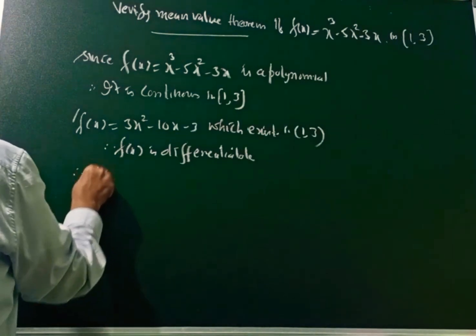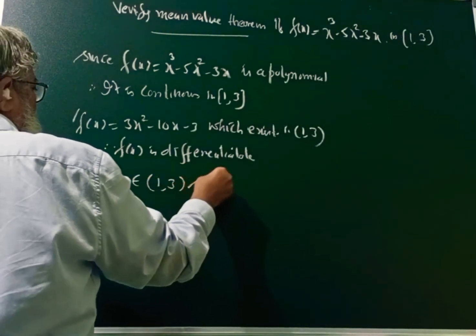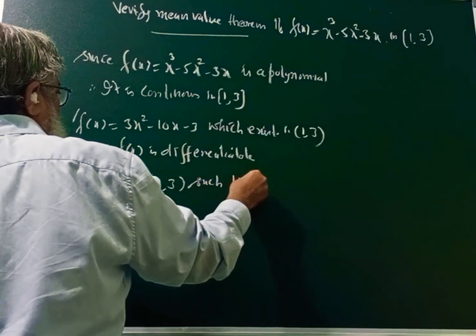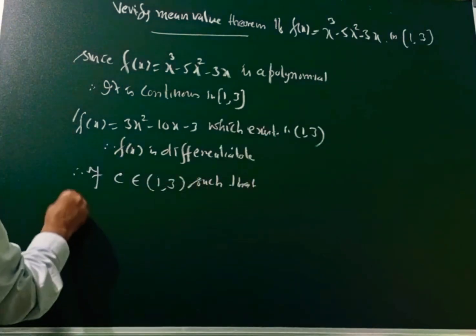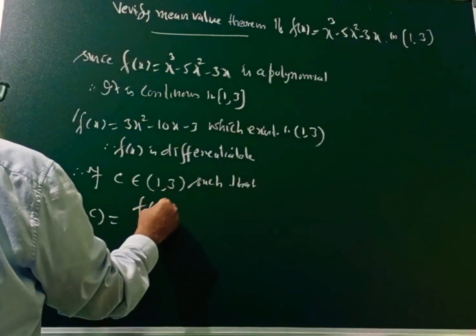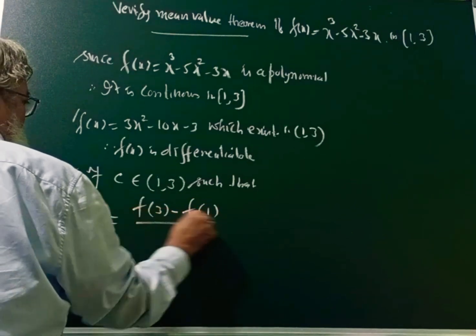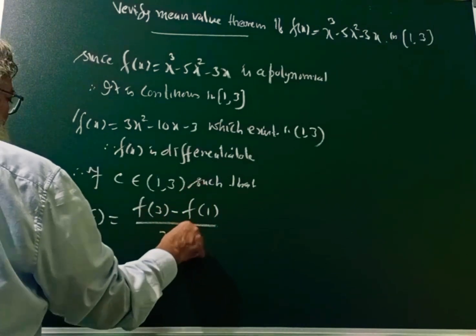Therefore, there exists a point C belonging to 1 3 such that f dash of c is equal to f of b, that is f of 3, minus f of a, that is f of 1, divided by 3 minus 1.